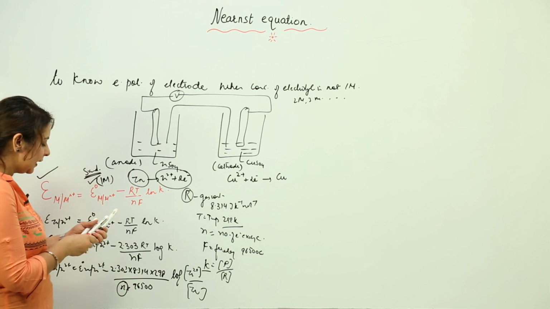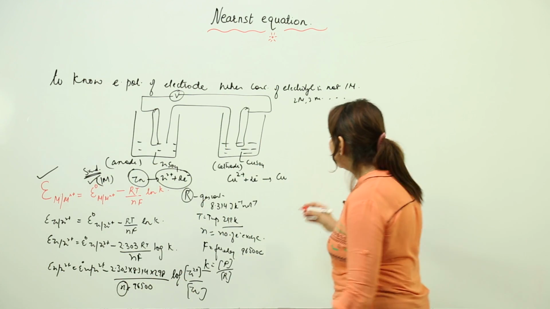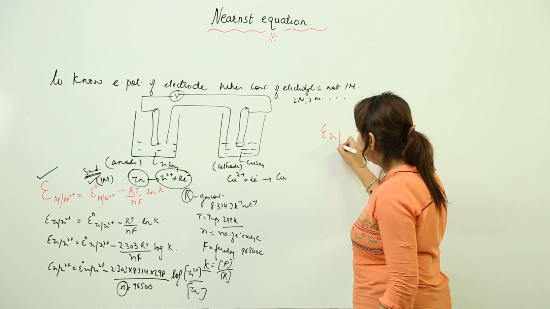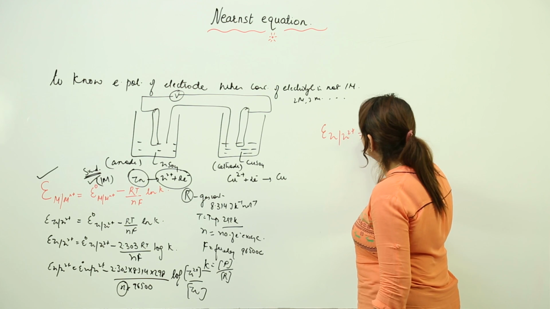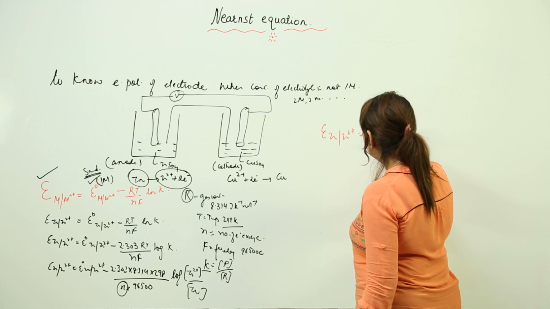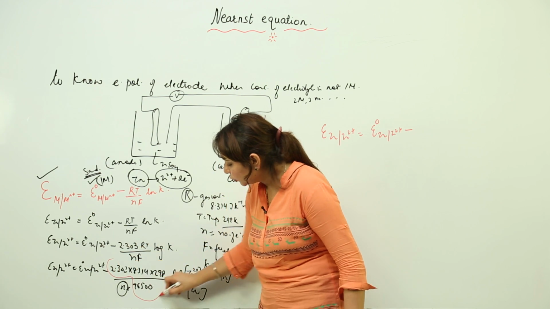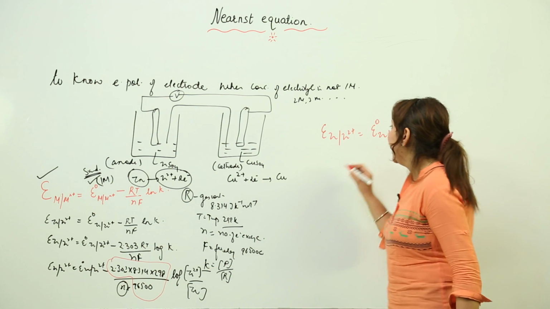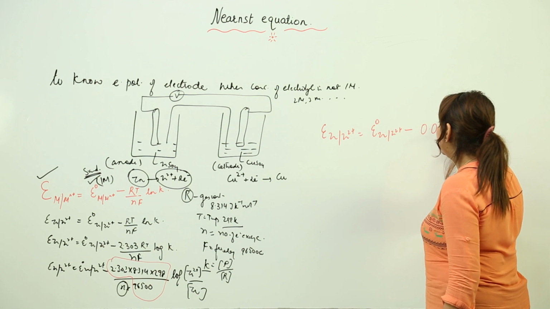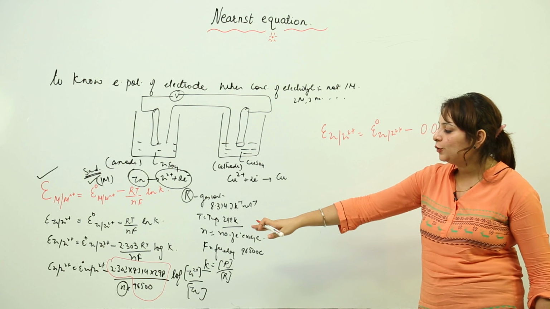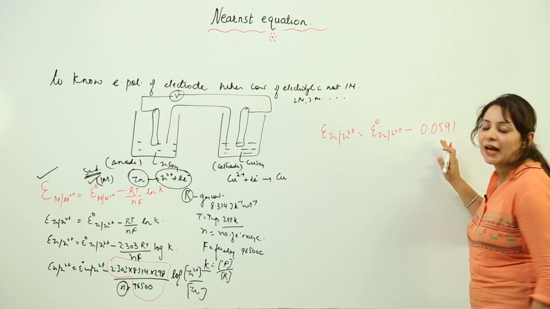So now I can write this equation as E Zn|Zn2+ equal to E naught Zn|Zn2+ minus, if I solve these constants, I will get the value 0.0591. So you can either use this value or the direct value of this.